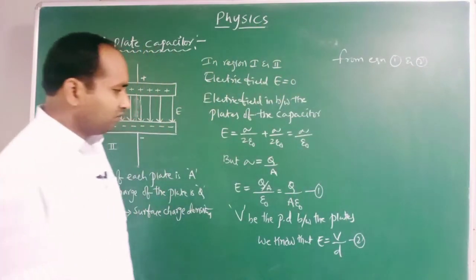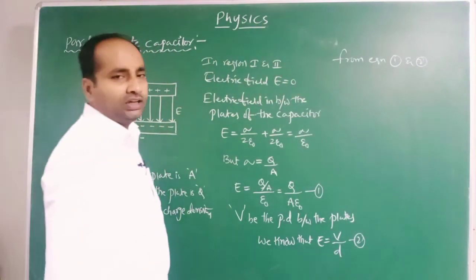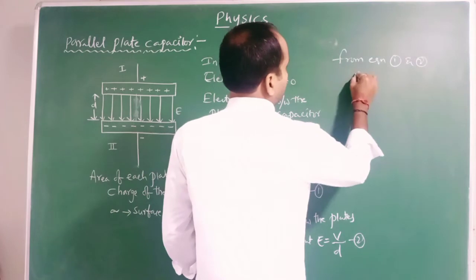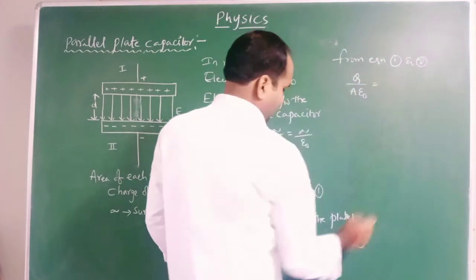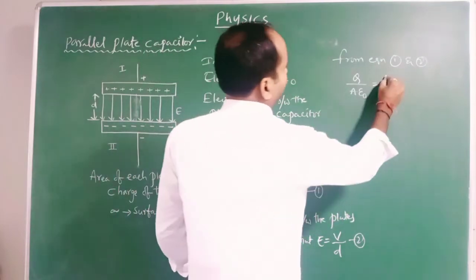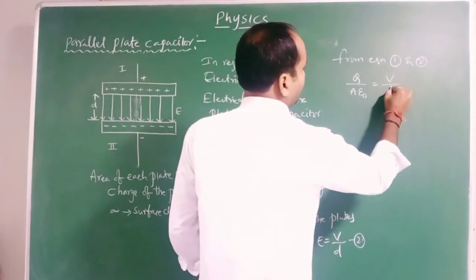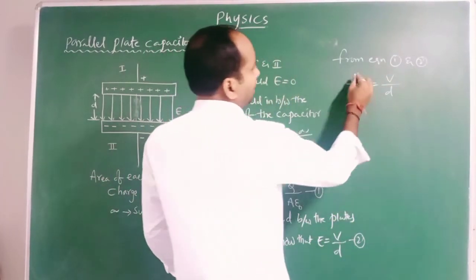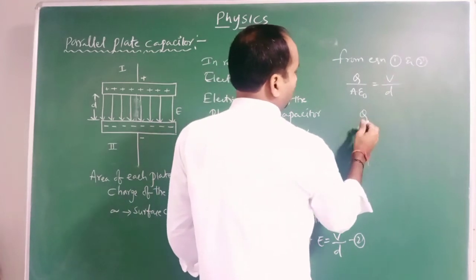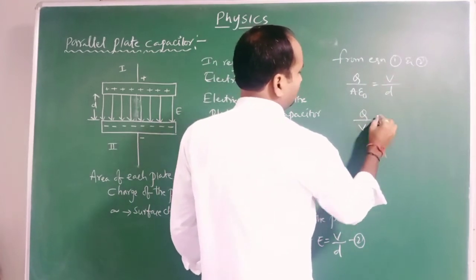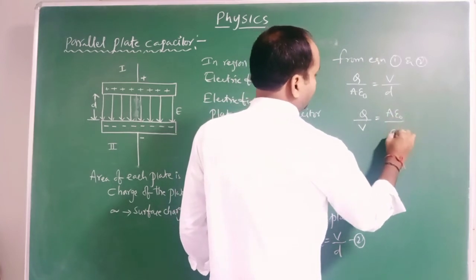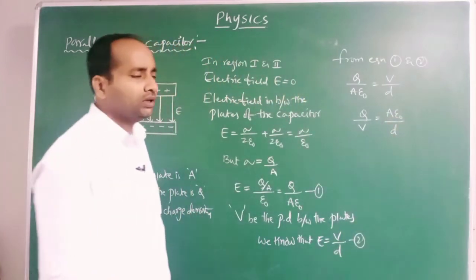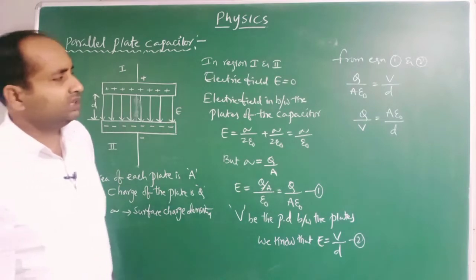From equation number 1 and 2: Q by A epsilon naught is equal to V by D. Interchanging, Q by V is equal to A epsilon naught by D. What is Q by V?